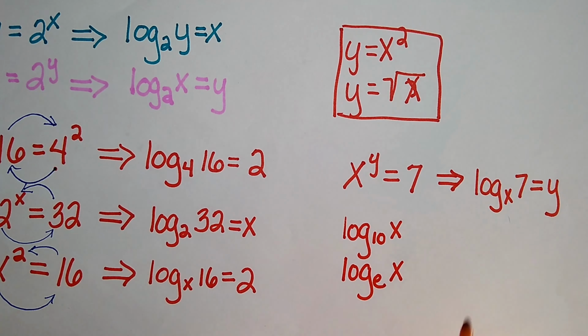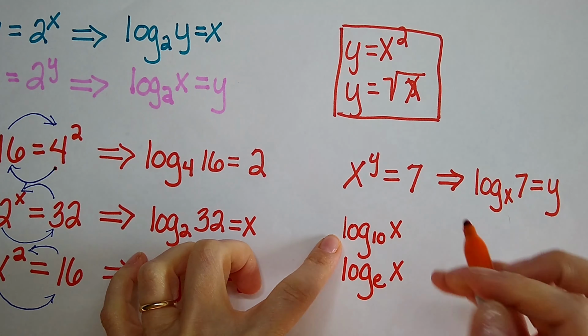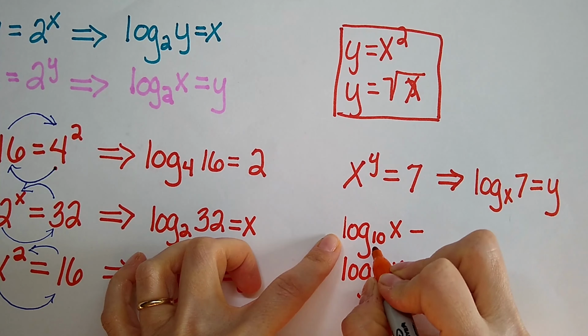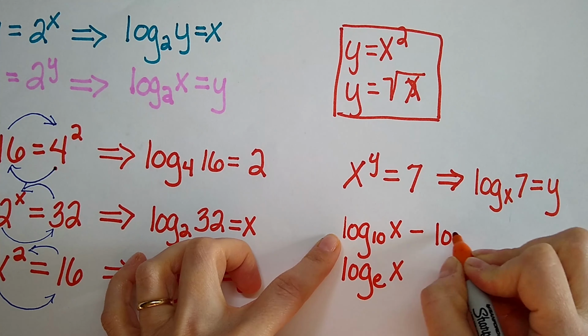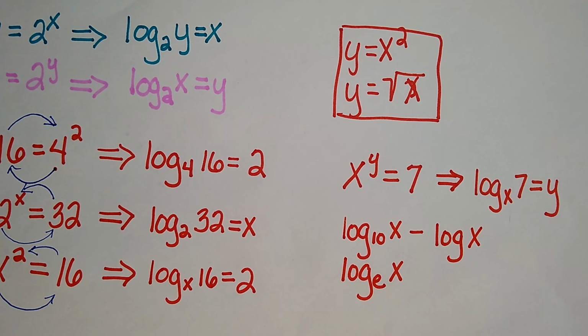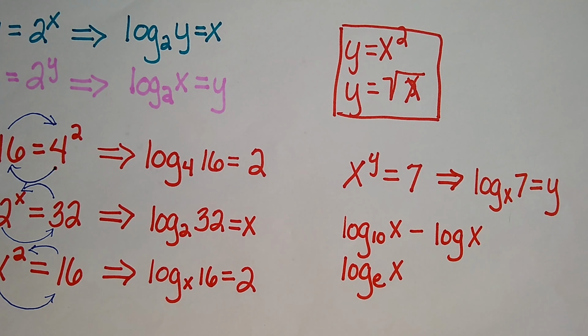And those are 2 special logs that we use when we're solving equations, and you'll see them a lot. Log base 10 is the most common, and we don't write that 10. So if you see log of x with no base number there, you know that base number is a 10.